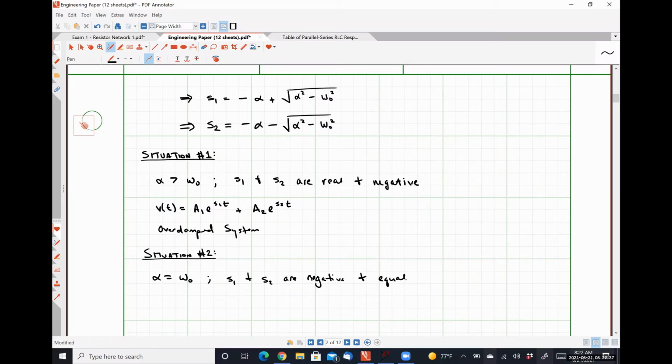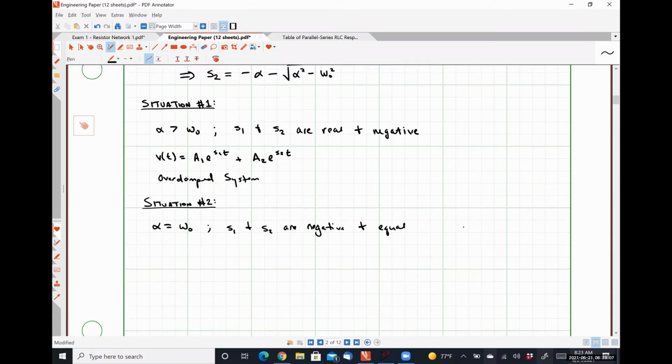So if S1 and S2 are equal to each other, it may seem that we could just have a solution that was A1 e to the st plus A2 e to the st, if we looked at our previous response equation, right? However, that would just combine together to make one single expression. But we are going to have two initial conditions that we have to deal with.